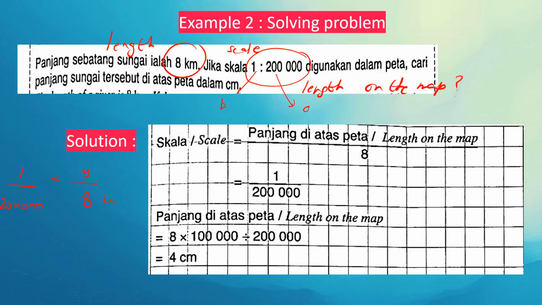To find y, the 8 goes up there and becomes times. So 1/200,000 times 8 becomes y. You press your calculator and you get y as 0.00004, but this is in kilometers.